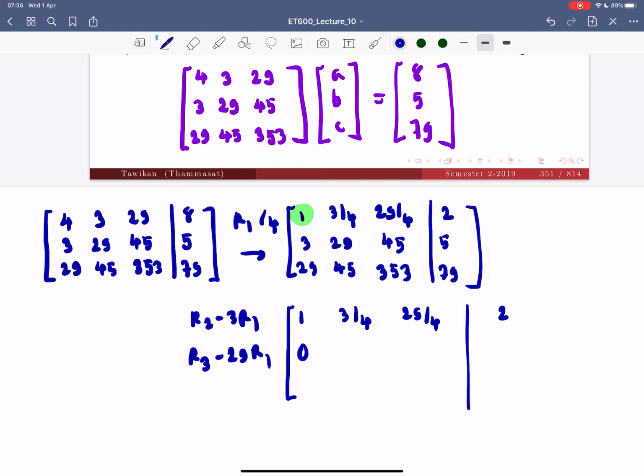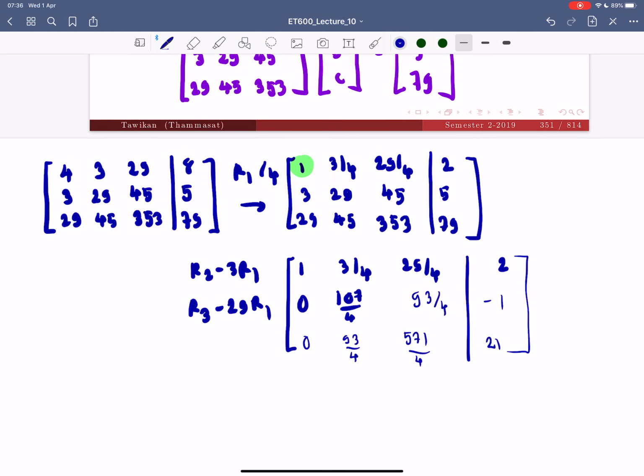Last spot is 0, 107 over 4, 93 over 4, and that spot is negative 1. So this spot is 0, 93 over 4, 571 over 4, and that is 21. Okay, you have got rid of those two spots.